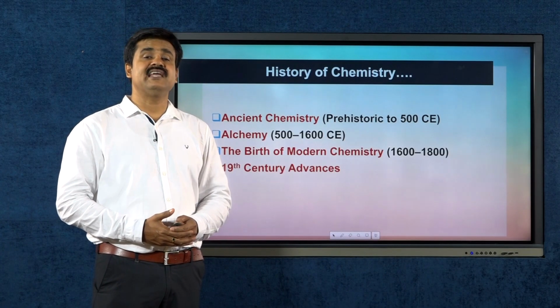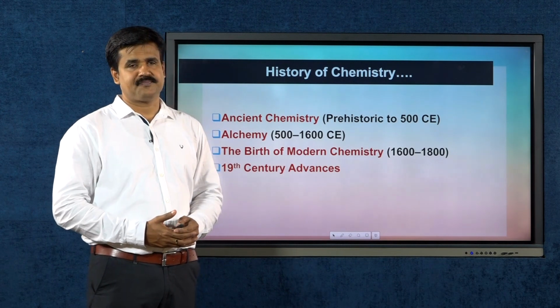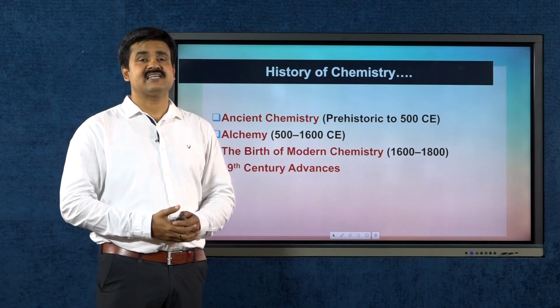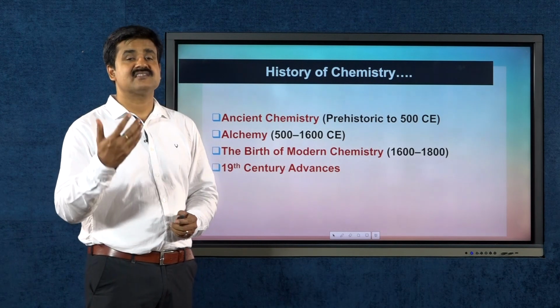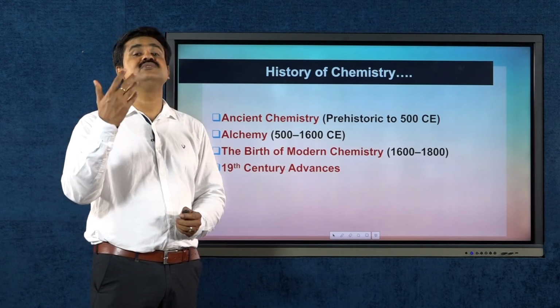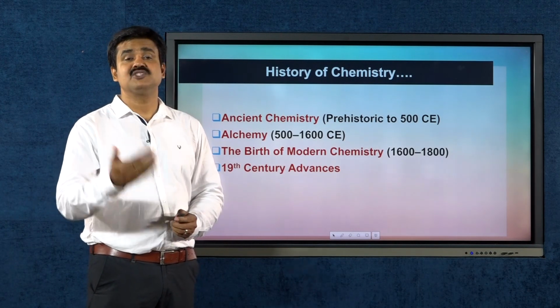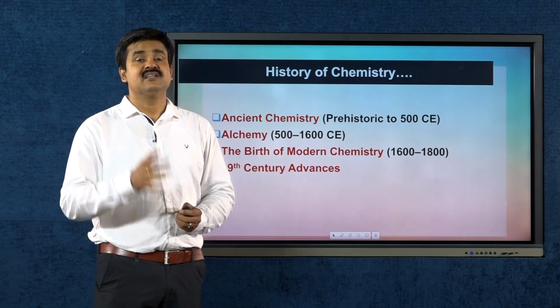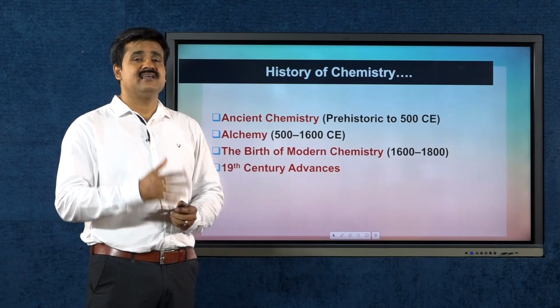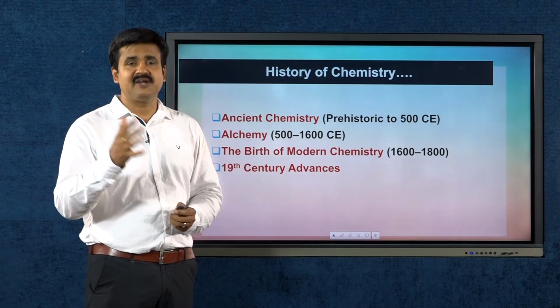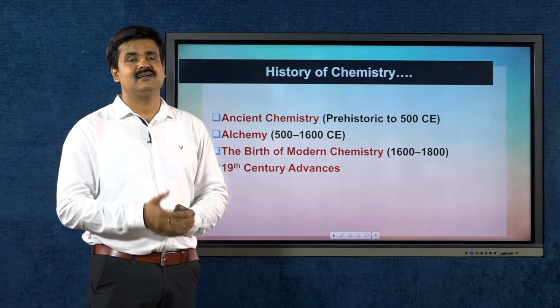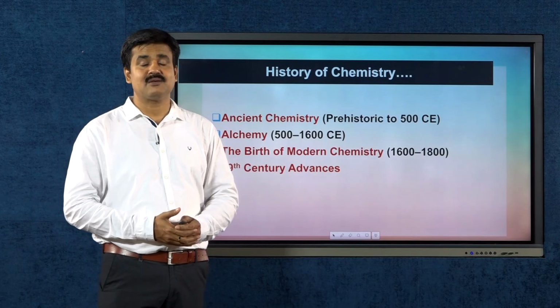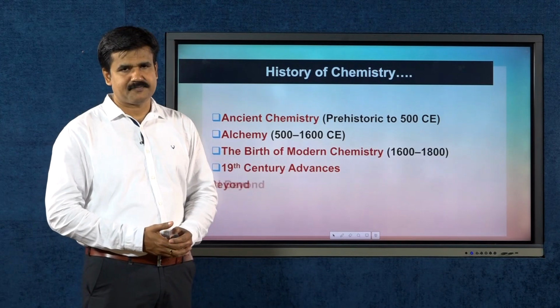Now, 19th century advances. Whenever we analyze the history of chemistry, we can say that huge developments in the branch of chemistry occurred in the 19th century. That's why we place the 19th century advances as a separate era in the history of chemistry.